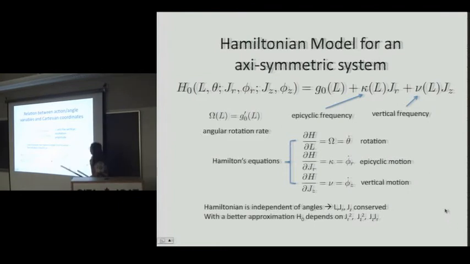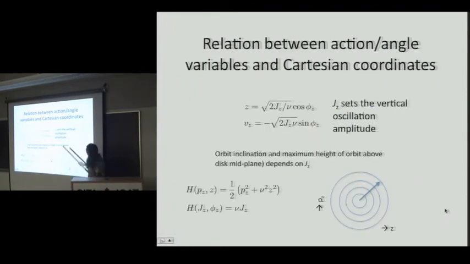To think about that in a different way, how do I go from the action angle variables back into the Cartesian variables? Z is just a cosine of the angle associated with the vertical oscillations, and then JZ sets the height of the oscillations.